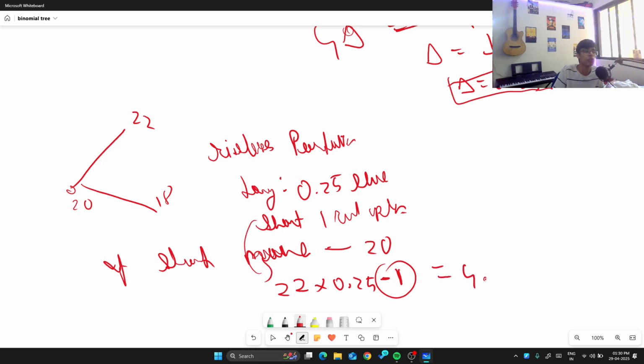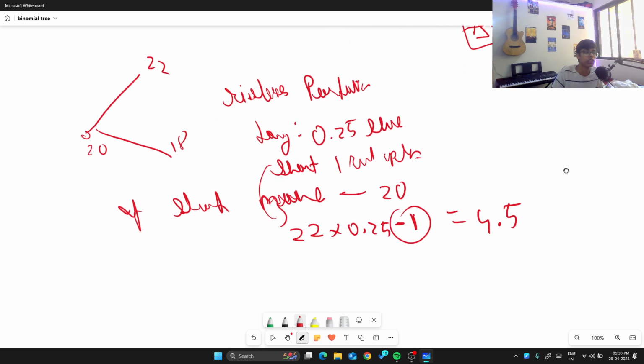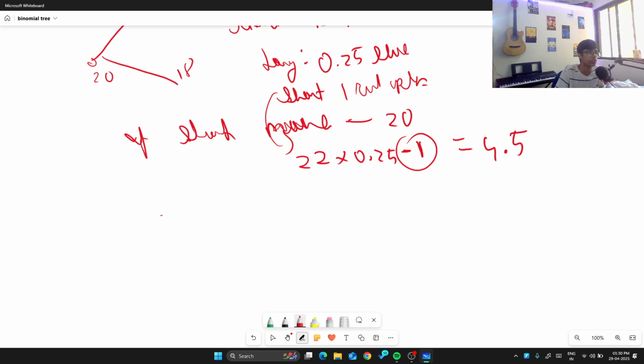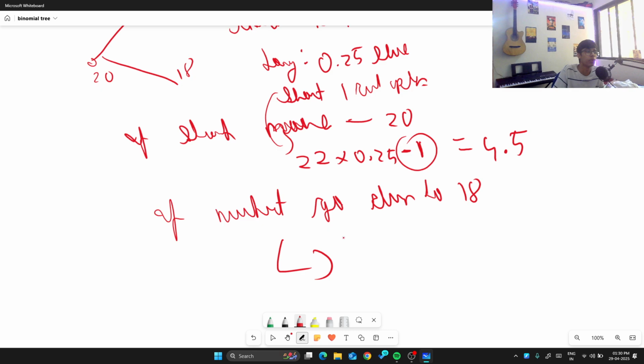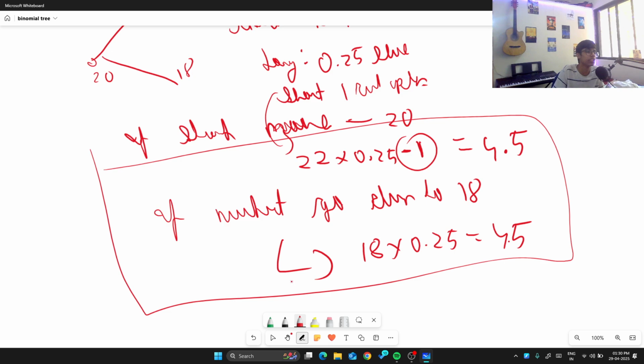That is equal to 4.5. And if the market goes down to 18, our portfolio would be 18 times 0.25, that would be 4.5. So you can see that LHS equals RHS.